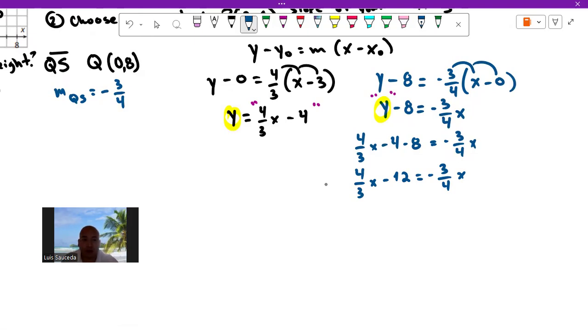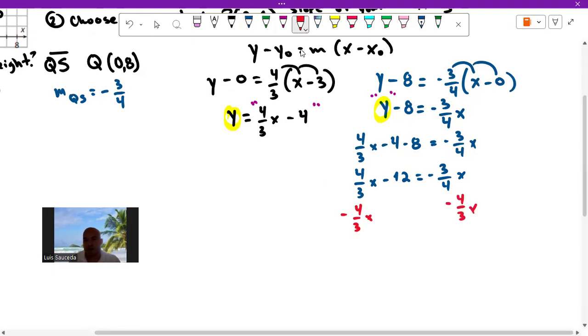In this case, we're solving for x, for the x value of the coordinate. So since the x's are on the right side, it'll be much more feasible to send this to the right. And then we're going to go ahead and subtract the 4/3 of x.